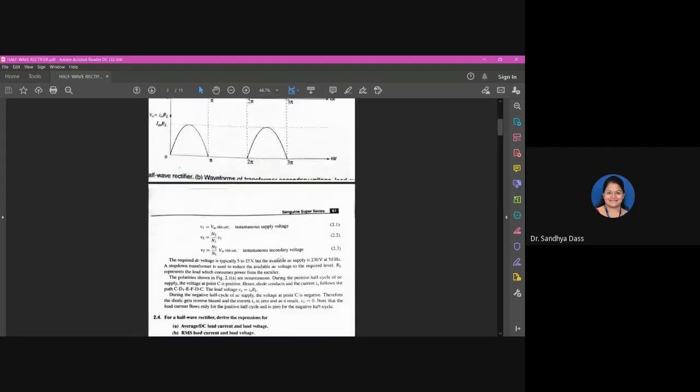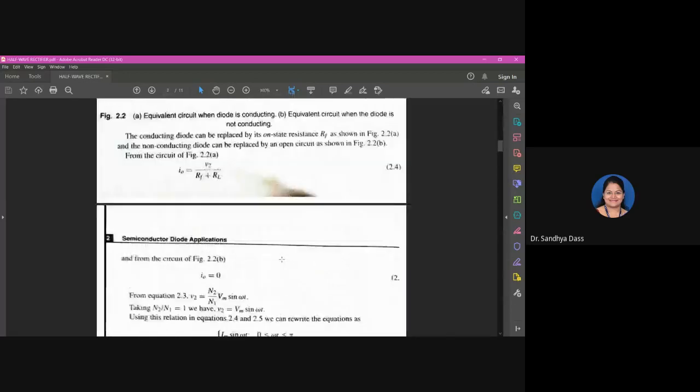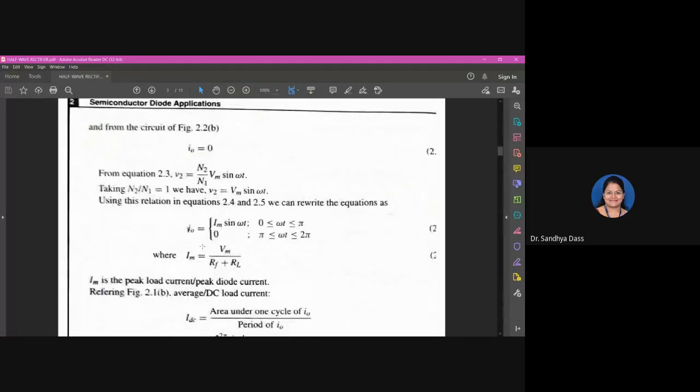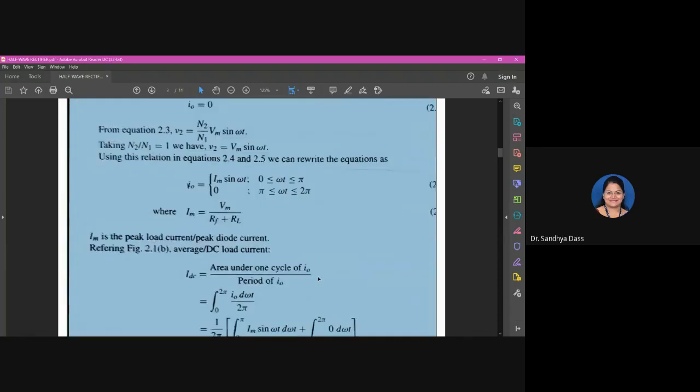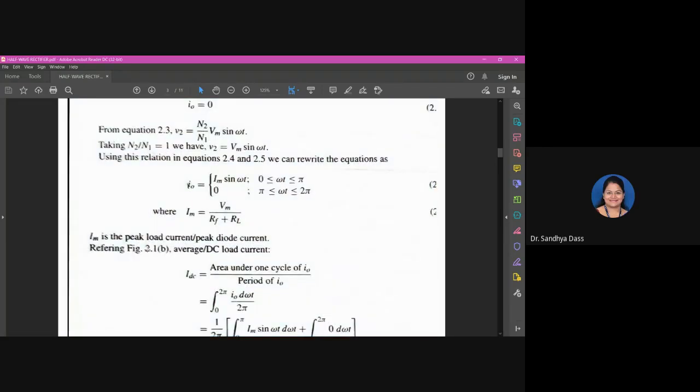So coming back to the relation, we have current in the two time instants, between 0 to pi and pi to 2 pi. So 0 to pi it will be Im sin omega t, and 0 between pi and 2 pi, where Im will be the current you are replacing here in the equation, Vm by Rf plus RL. So Im is your peak load current or the output current.